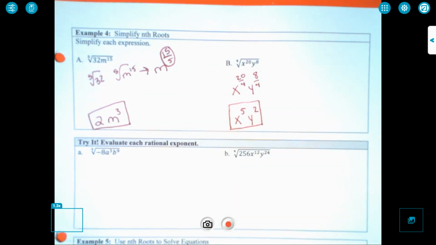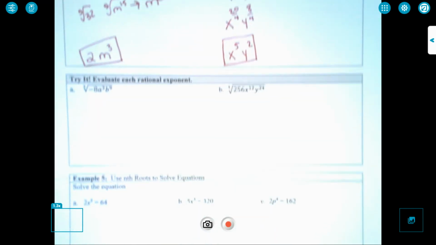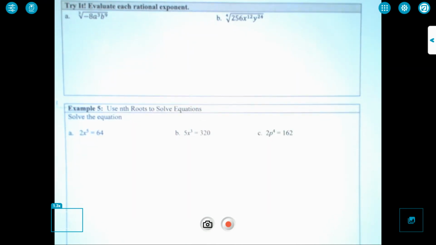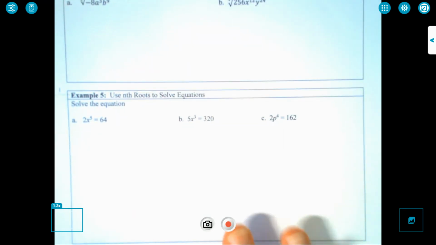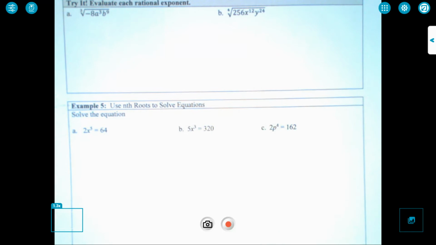Example 5 is the real reason for the notes in this section: we want to be able to solve. Whenever you're solving an equation, the first thing we have to do each and every single time is get x by itself.